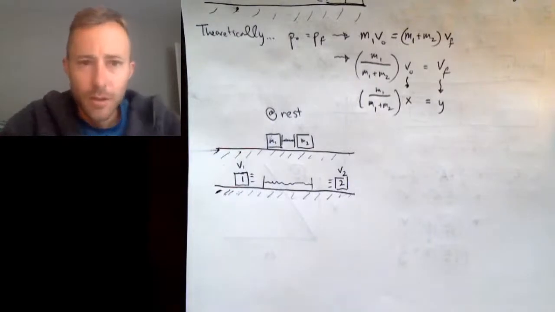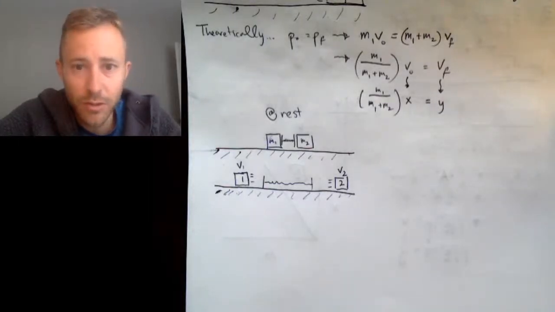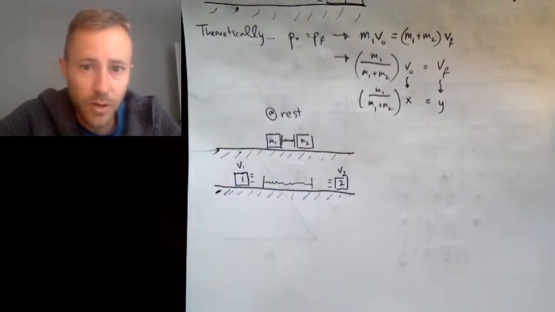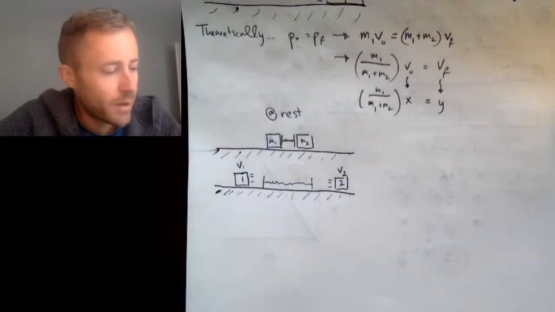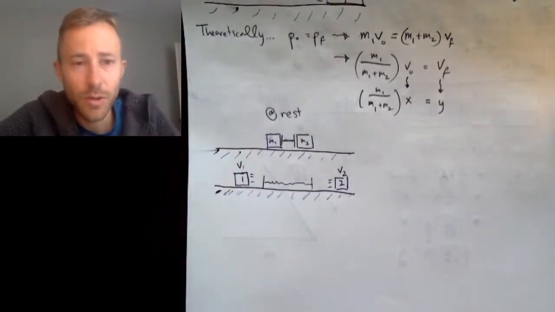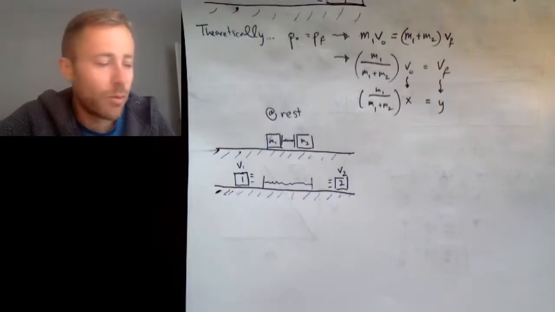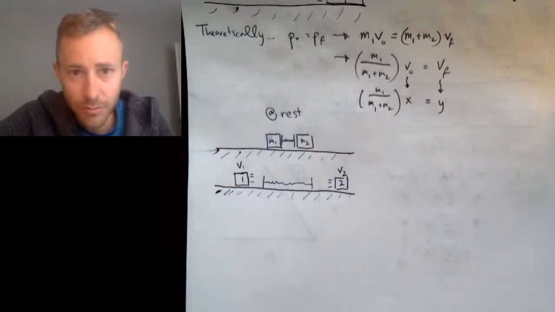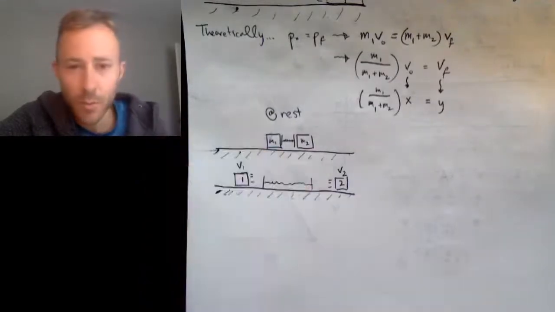Once again, there are lots of different things that we can vary from experimental trial to experimental trial. We could vary the masses. We could vary the spring itself, springs of different stiffnesses. We could vary the amount that the spring is compressed. What we are going to measure for this experiment is the final velocity of 1 and 2.